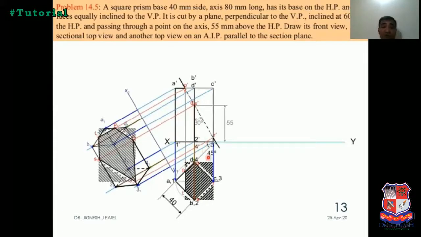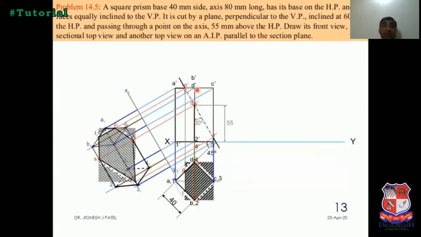So first of all, draw this square. Its faces are inclined at 45 degrees with the XY line. So A1, B2, C3, D4. Similarly, draw its front view: 1 dash, 2 dash, 3 dash, 4 dash, A dash, B dash, C dash, D dash.